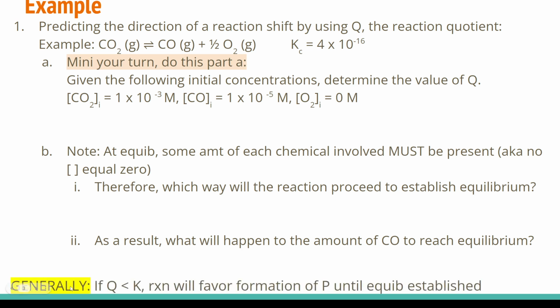So, in general, if your Q is less than K, your reaction is going to favor formation of P, as in products, until your equilibrium is established. And so then once you're at equilibrium, you're going to have the same forward and reverse rate. So you're going to increase that forward rate in order to make product. And there we go. Cool.